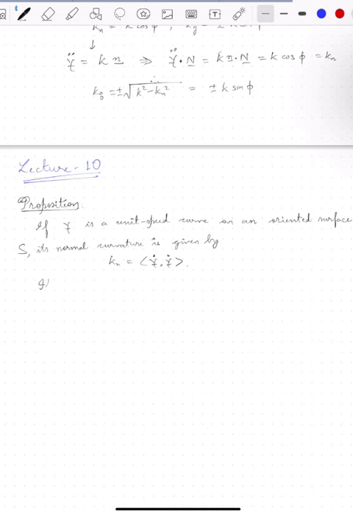And in this case, sigma is a surface patch of the surface S, and the curve lying on the surface is equal to sigma as a function of two parameters, which are themselves functions of t. And this is a curve in sigma.